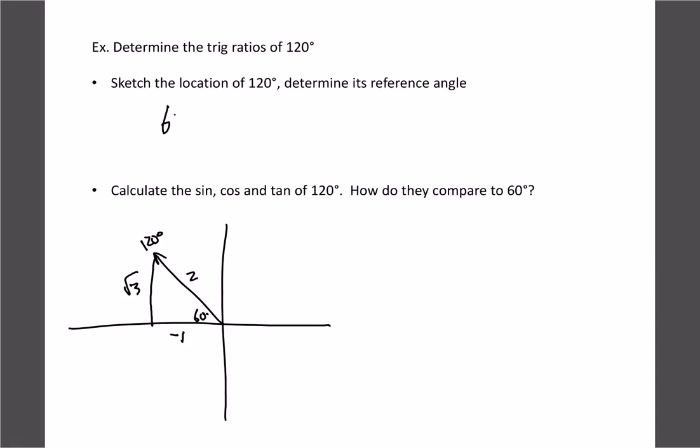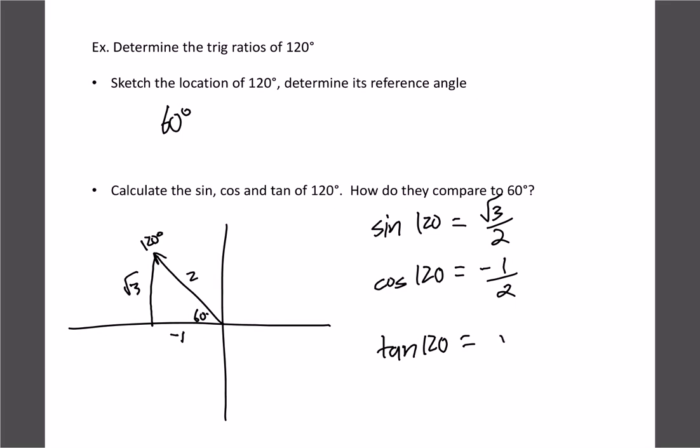So in this case, we have a 60 degree reference angle, so using the triangle that I just drew, sine of 120, opposite over hypotenuse, is root 3 over 2. If we do cosine of 120, we get -1 over 2, and our tan at 120 would be root 3 over -1, which we could simplify to just negative root 3.